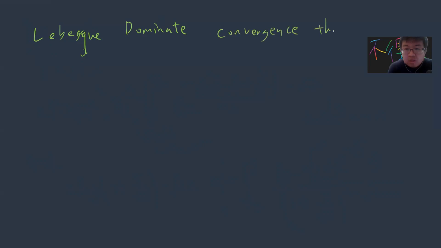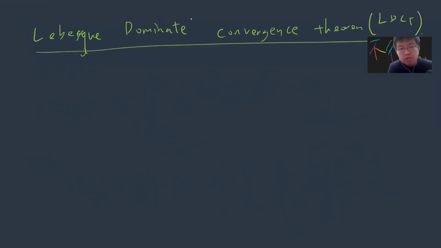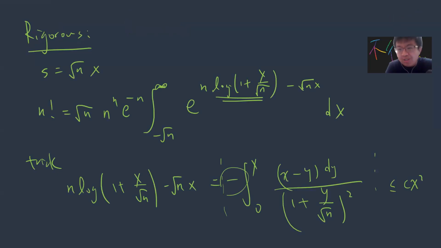The rigorous proof comes here: use the Lebesgue dominated convergence theorem. This is the LDCT, a famous theorem in real analysis. If you haven't seen the proof, I will post my real analysis video list below so you can check the proof.